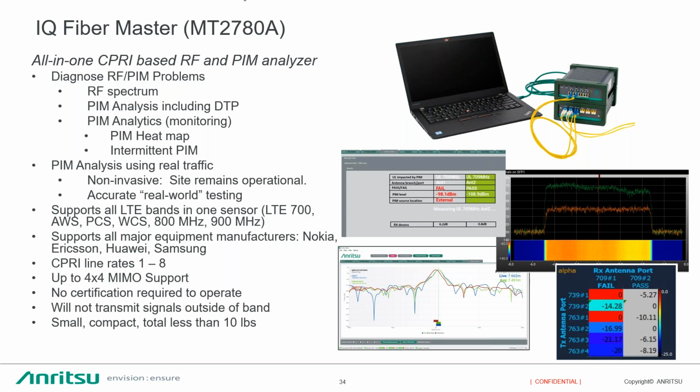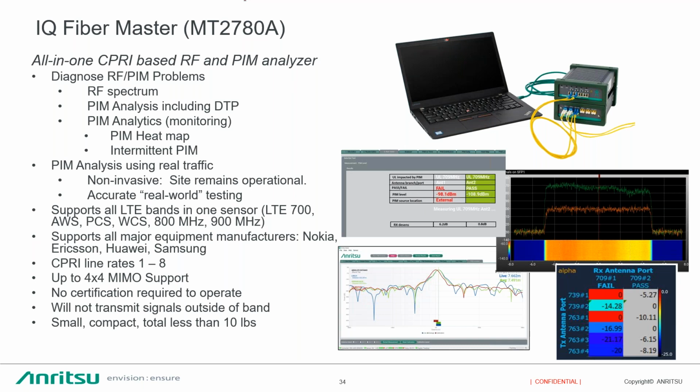All right, let me summarize this, and then we'll get into a little bit of fun here. So the IQ FiberMaster is a CPRI-based all-in-one RF and PIM analyzer. It'll diagnose your PIM problems, whether it's just RF interference or doing a full PIM analysis, which could include a distance to PIM calibration if you can get access to the antenna.